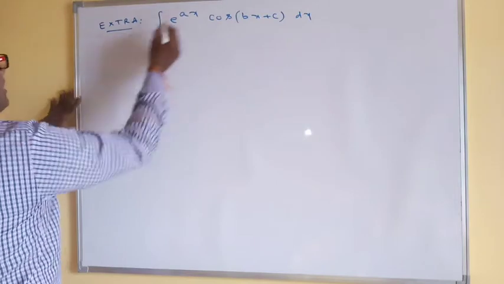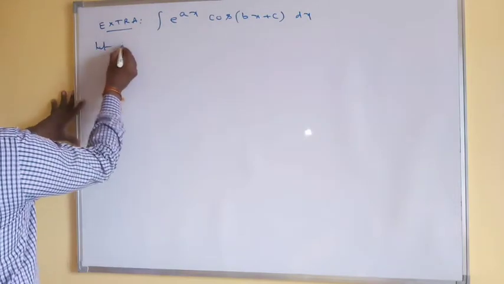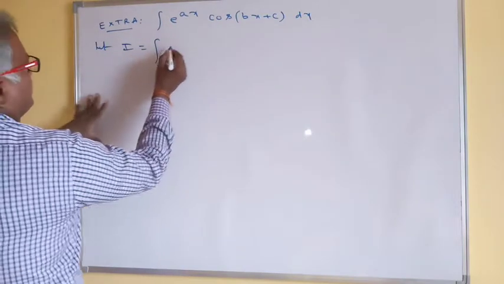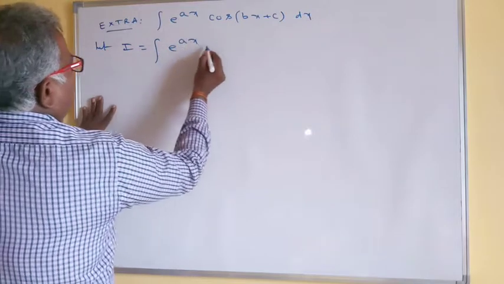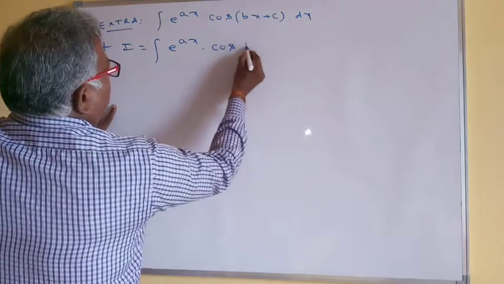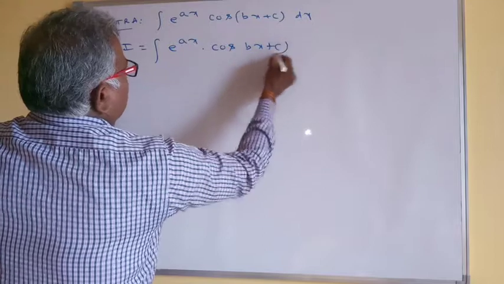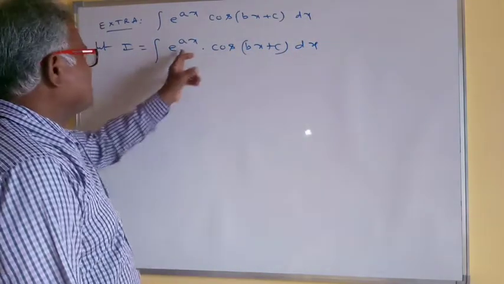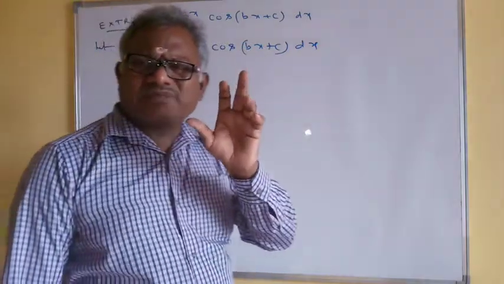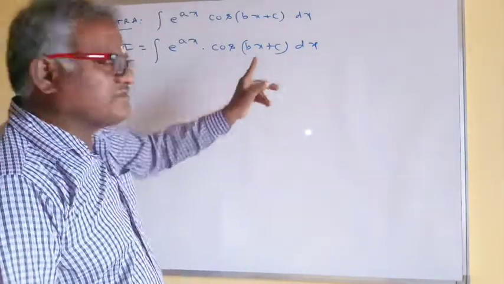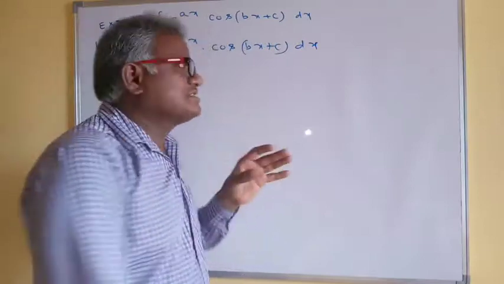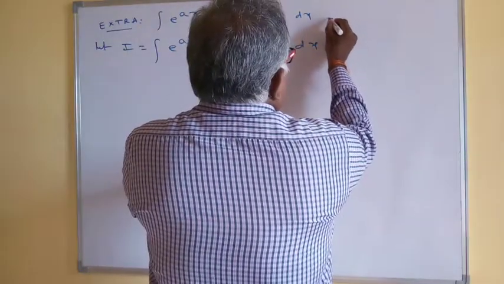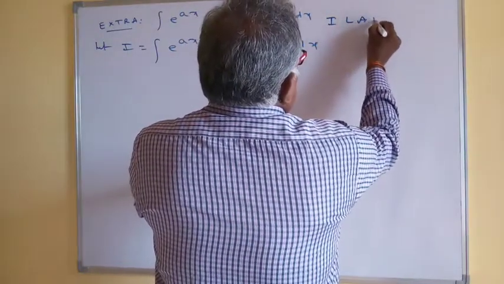So let I is equal to integral e power ax into cos of bx plus c dx. Here this is the exponential function, whereas this one is a trigonometric function. According to the order of the letters of the word, which came first?